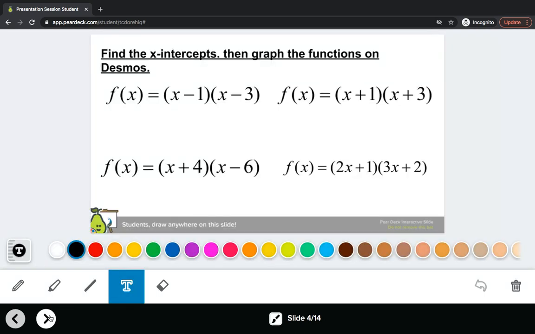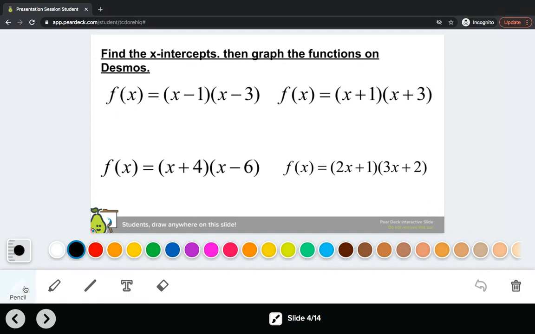So now here's our new set of notes. And we're not going to worry about the Desmos portion right now because we're not in class in person. But what we are going to do is we're going to find the x-intercepts of each of these equations. So remember, to find the x-intercepts, that means we're thinking about what is the value of x if y is 0.